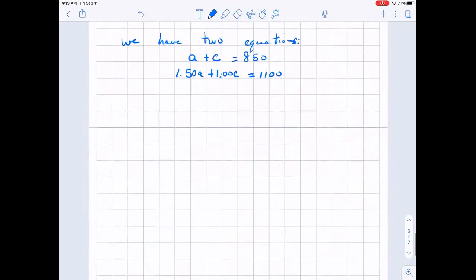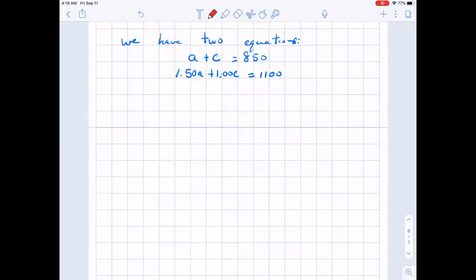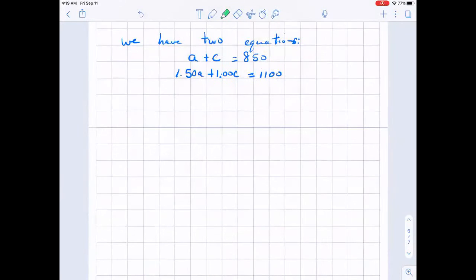Now obviously we don't want to work with decimals here, okay? So I would get rid of the decimal. These are decimal numbers, so let's get rid of them.